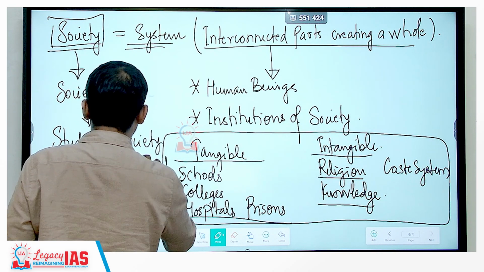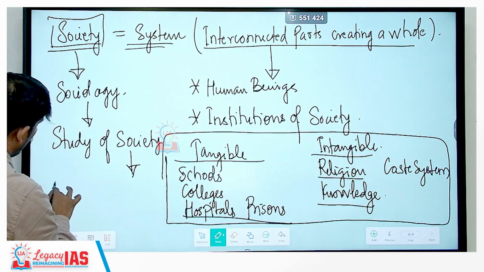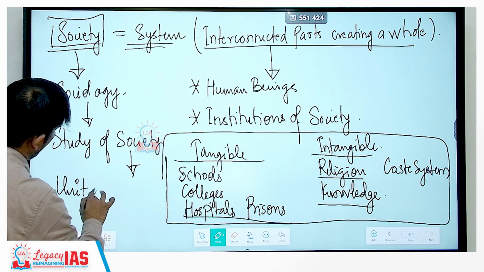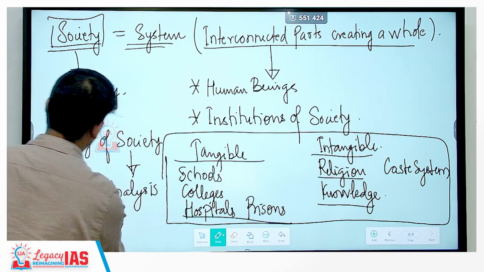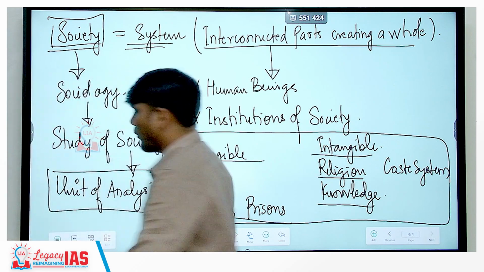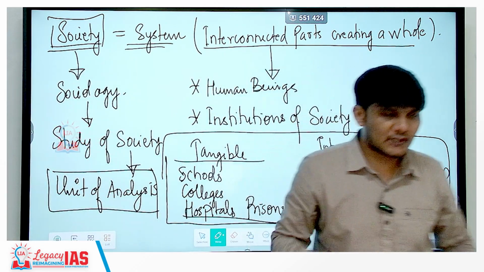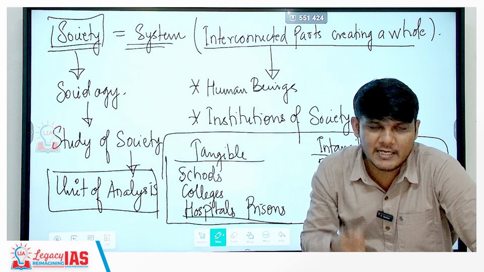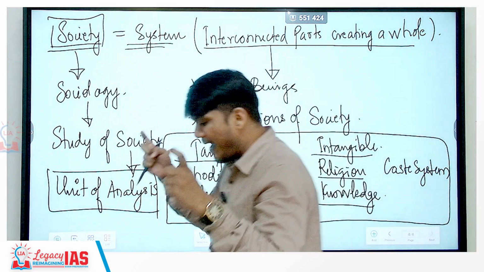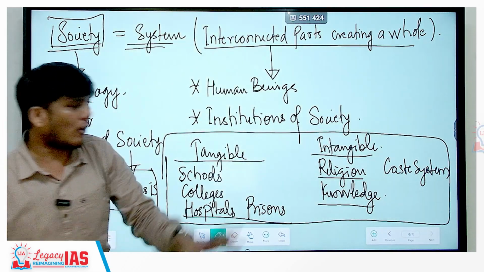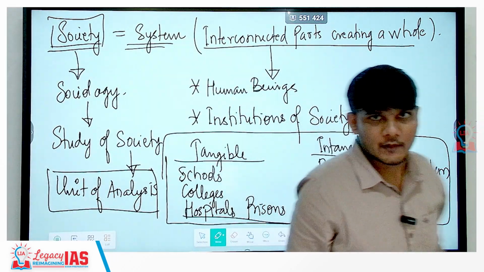Meaning, in sociology, society is what? A unit of analysis. Society is the unit of analysis. For example, in psychology, a single human being's brain, a single individual's mind, would be the unit of analysis, right?